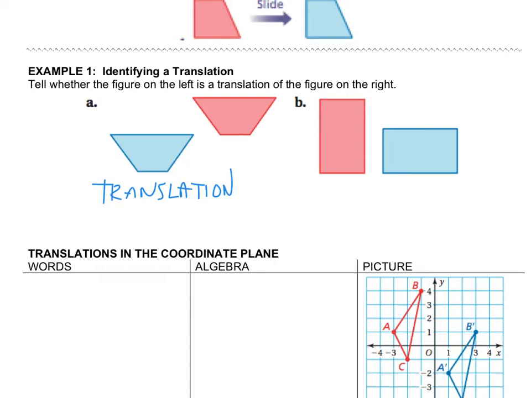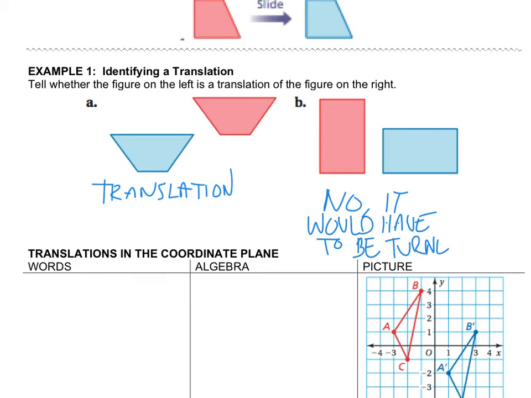Well, hopefully the answer you can say is no. It would have to be turned. So it has the same size, it has the same shape, but it has to turn in some way to become the other one. So that would not be a translation.